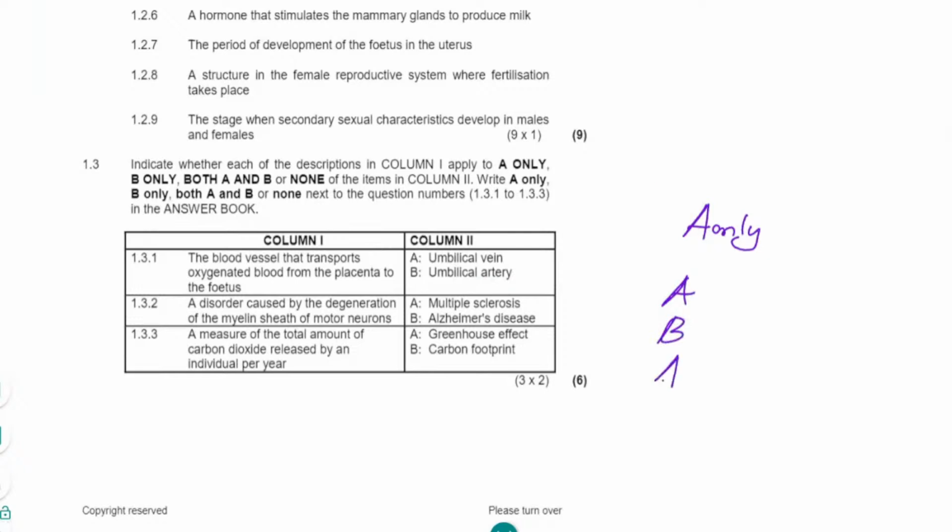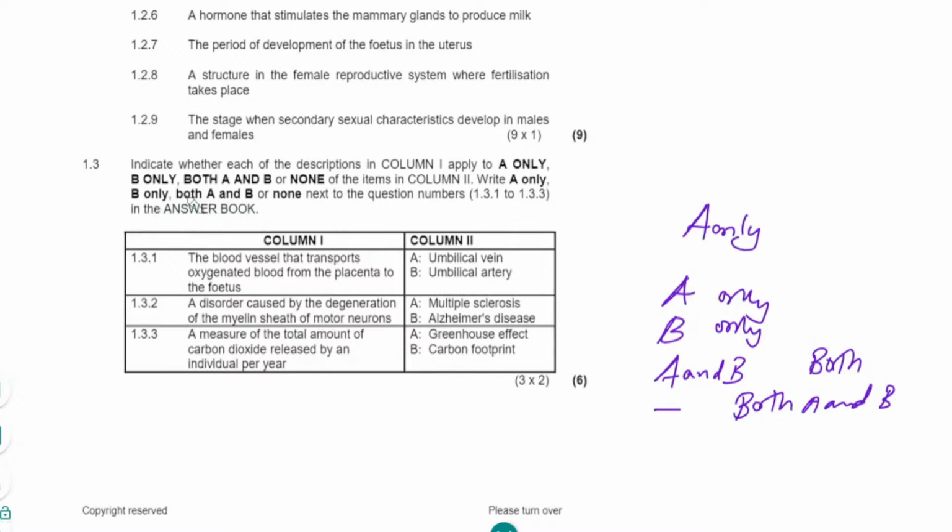Don't write A and B. Don't write dash. The answer must be A only, B only, both A and B. Don't write both, because they are saying both A and B. They can write both.